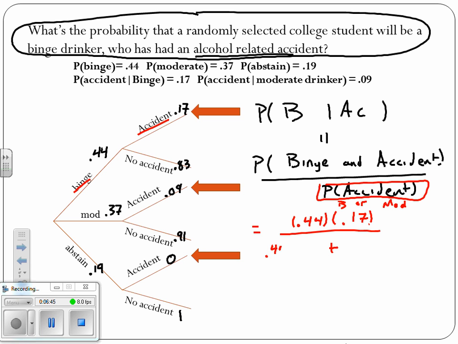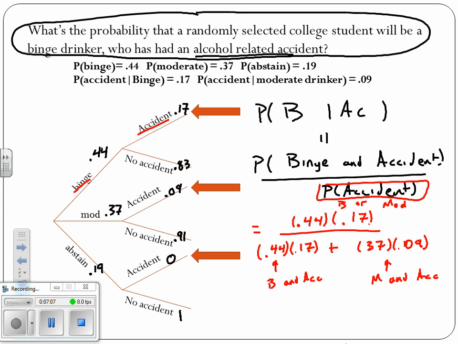So the binge drinkers and accidents. Right, so there's the probability of binge and accident. And then this, 0.37 times 0.09, this would be the probability of a moderate and accident.